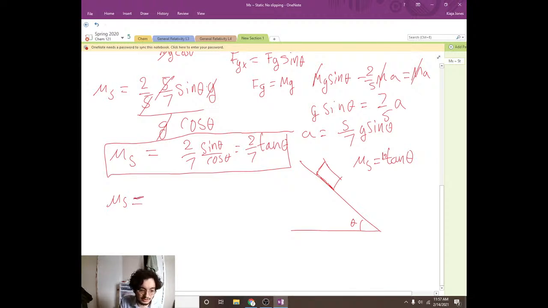You can say that this is equal to some ratio, which is a constant, times the tangent of the angle of the inclined plane. Suppose that angle is constant. Of course, that's going to be a constant too. Everything's a constant in reality. As long as you're not changing anything, mu s is constant because this is constant.